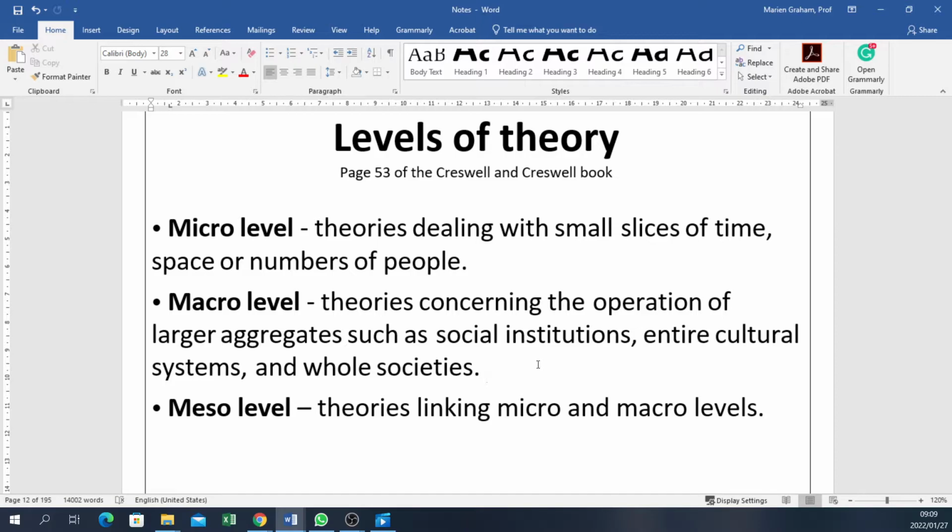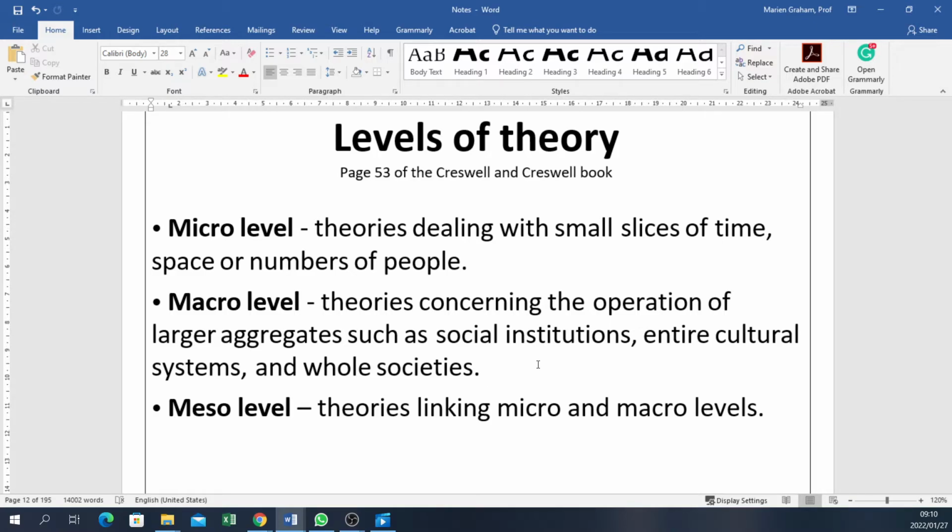So you can see I've moved away from the individual, where micro level was the teachers, the school administrators, the learners, can be principals. Macro level, you look at larger aggregates. So in an educational setting, that would be the government, school districts, teacher unions.